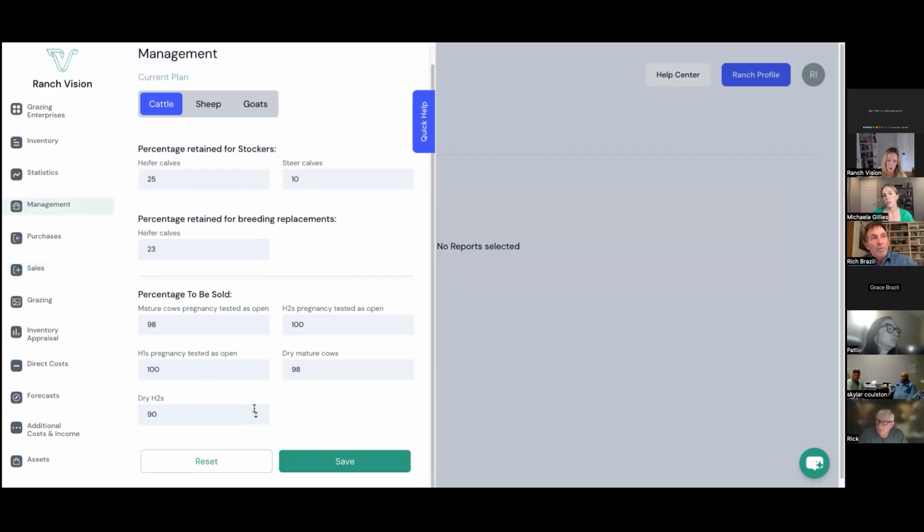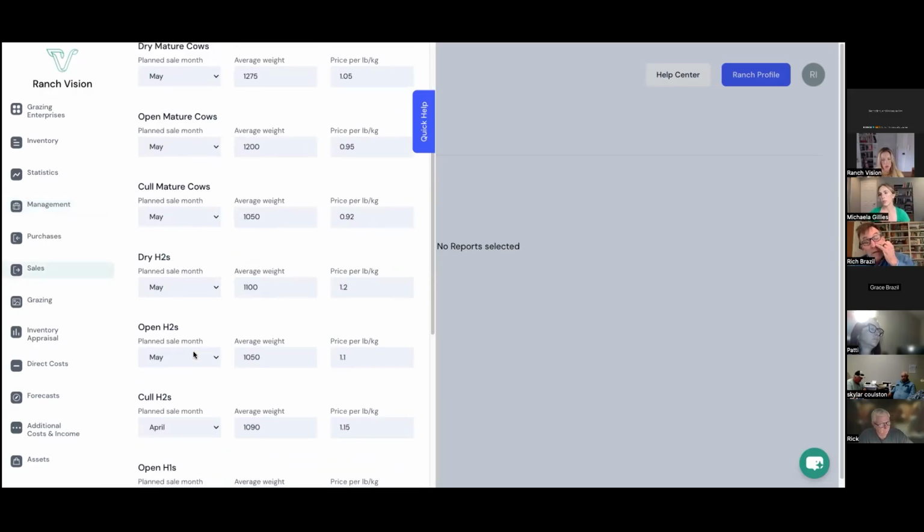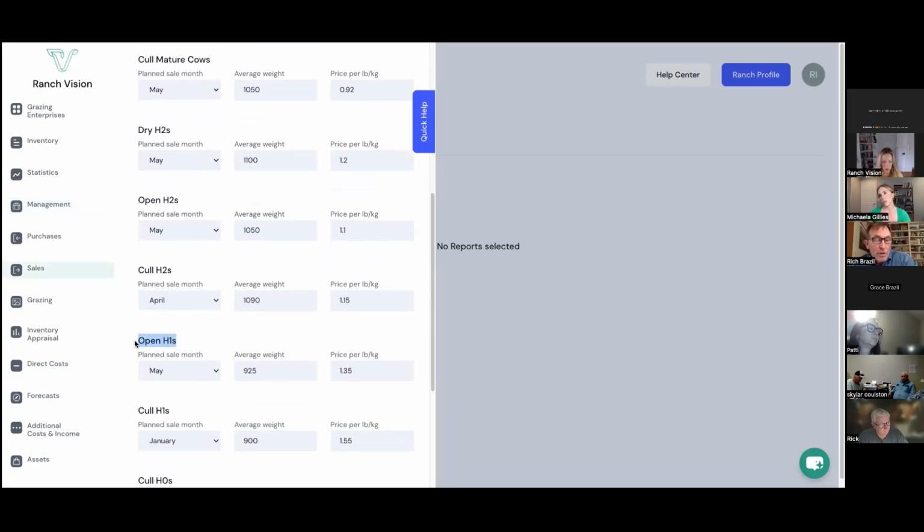Well, pretty much, there's going to be some death loss perhaps that you're noting. The model is going to take that into account. But yeah, the ones that aren't pregnant, you're going to be selling as open H1s if you want. And you'll tell us what month and what weight and what price you expect to get in the sales page for your open H1s.